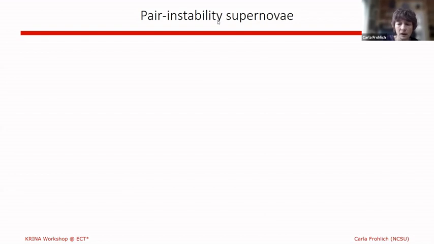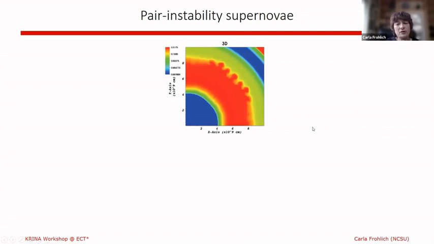And so we've done similar multi-messenger work for these pair instability supernovae. And it all started with my first graduate student, Matthew Gilmer, doing the first 3D simulations of these collapses.